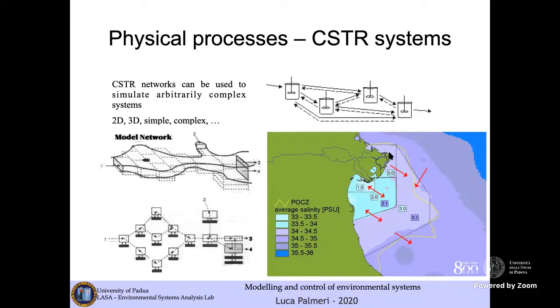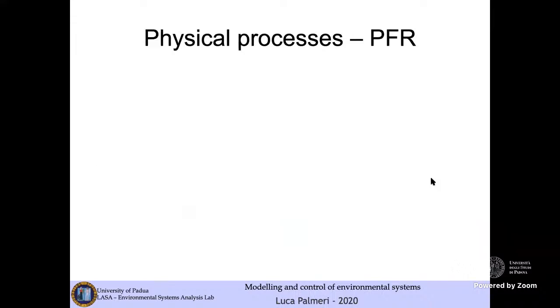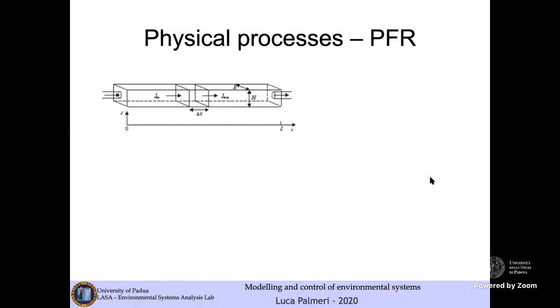By this analysis, we were able to define with this yellow line the significant part of the area of the sea that is significantly influenced by the river discharge in terms of changes in the salinities. So this is just an exemplification. Now you can employ a CSTR approach, CSTR networks, to model even complicated water bodies or water ecosystems.